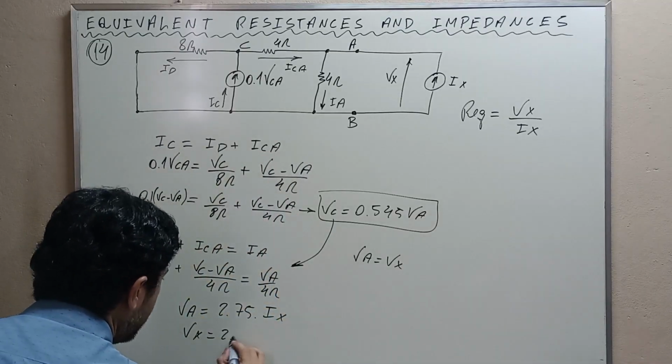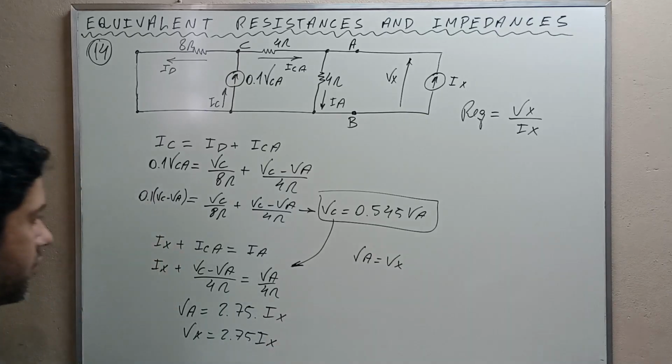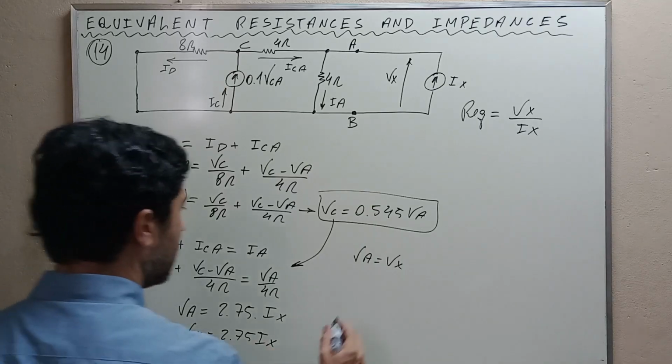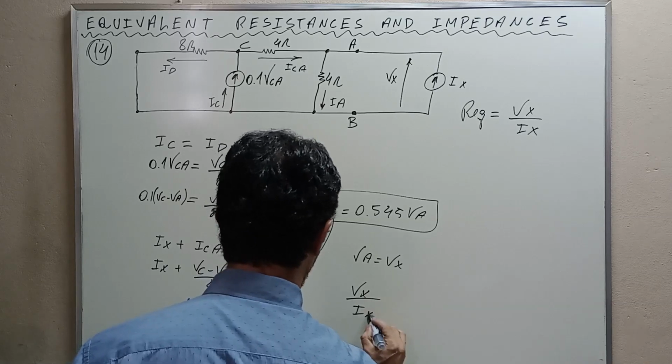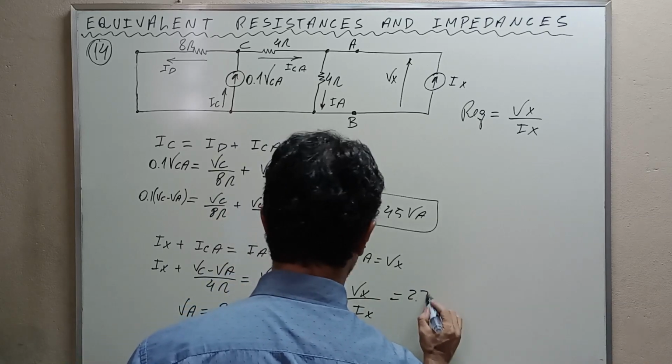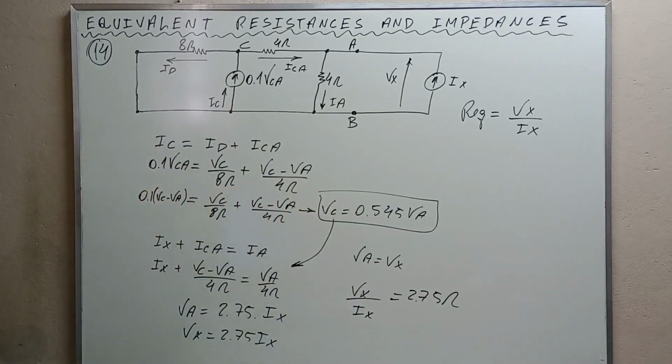Vx is equal to 2.75 times Ix. Consequently, Vx divided by Ix is equal to 2.75 ohms. And this is the solution of the exercise. And this is all for the discussion of exercise 14.